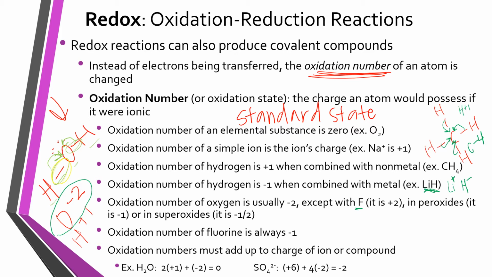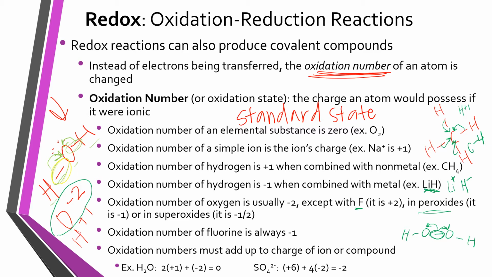If oxygen is in a peroxide, like hydrogen peroxide, it is only going to have -1 because this right here is between the same atoms, so they each only get 1. So that gives it an oxidation state of -1. Fluorine, because it is so electronegative, will never ever lose its tug of war, so fluorine will always be -1.